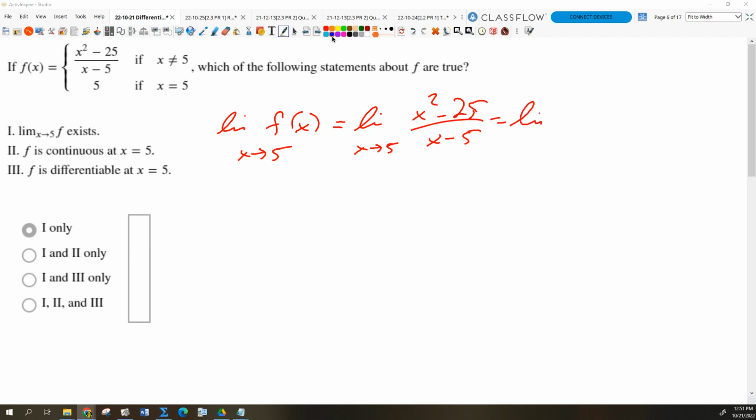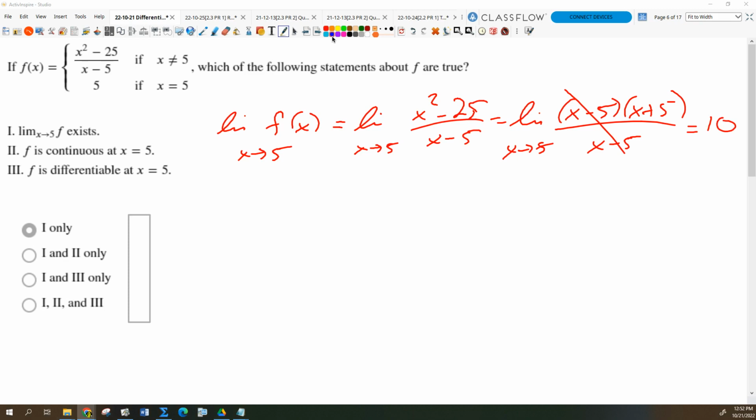That's just a difference of squares. So we get the limit of x minus 5 times x plus 5 over x minus 5 as x approaches 5. We cancel the offending factors that are causing the indeterminacy. We let x go to 5, and then we just get 10 as a result. So the limit does exist, yes.